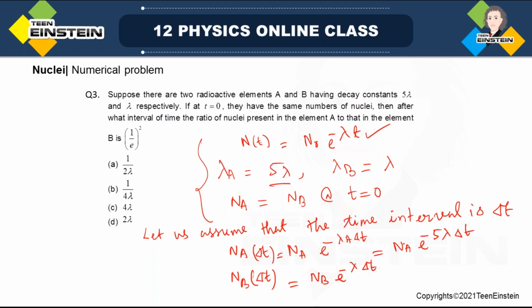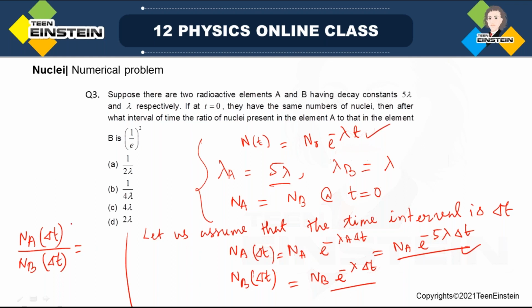Okay, so we have got this one and this one after delta t time interval. Now I'll be using this space. Let me write Na(delta t) divided by Nb(delta t), I'm just taking the ratio of whatever I have got after delta t time interval.